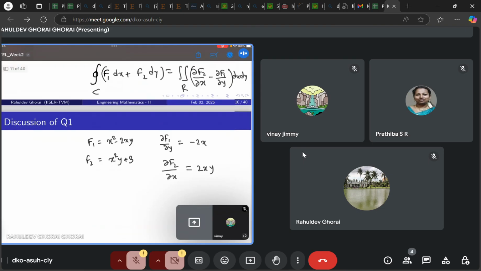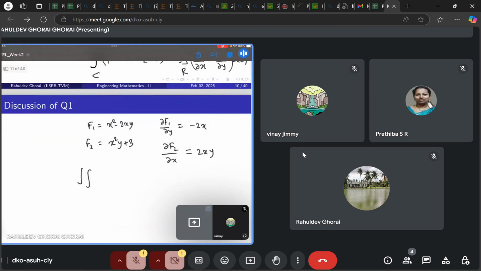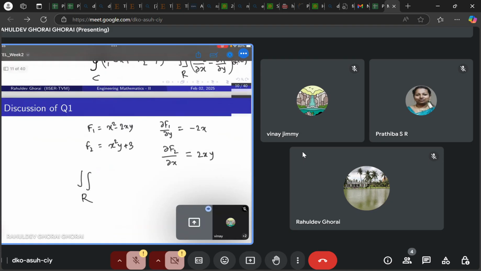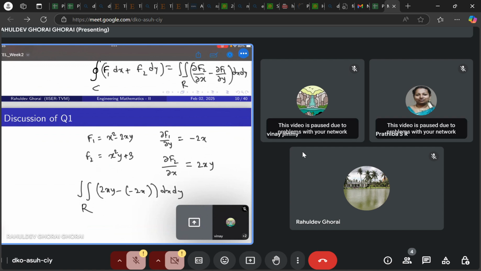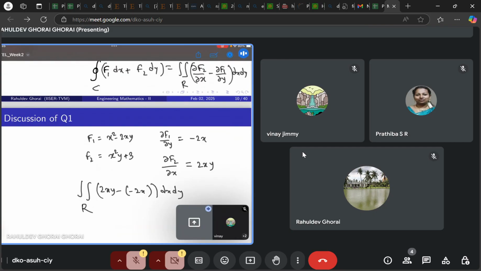So the required integral will transform to the double integral of 2xy minus of minus 2x, dx dy. That's all you get. But what will be the limits of the integration?